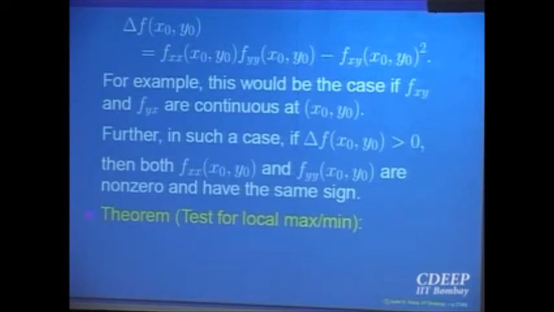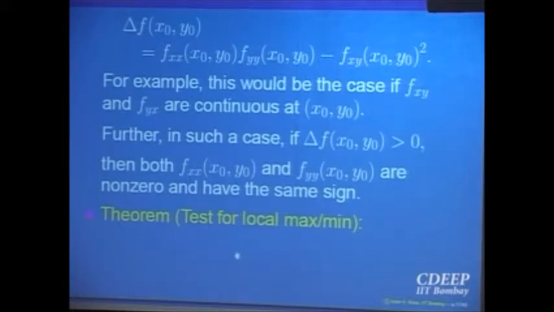If the discriminant is strictly bigger than 0, then fxx and fyy will have the same sign. Why is this important? Because the condition I am going to state involves the sign of fxx or fyy. So we'll say one of them has a particular sign, then automatically the other one will have the same sign. You don't have to specify again. So keep that in mind. Whenever the discriminant is strictly positive, the second order partial derivatives with respect to x and y will have the same sign.